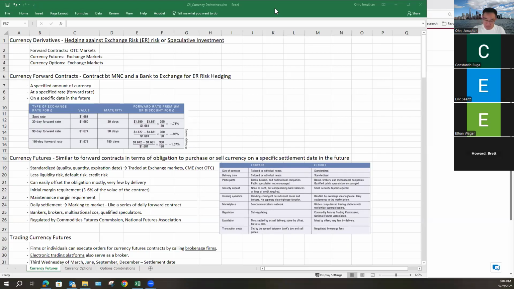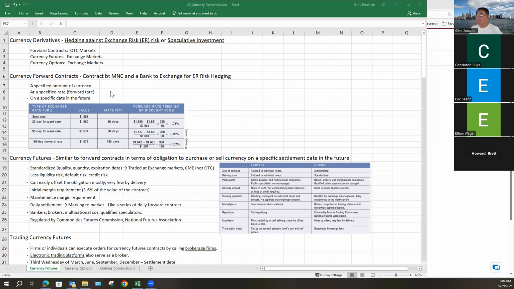As we covered briefly in chapter 3, this is a contract between a multinational corporation and the company's bank for exchange rate risk hedging. They exchange a specified amount of currency at a specified rate on a specific date in the future.